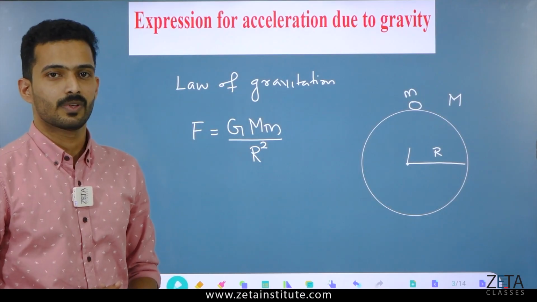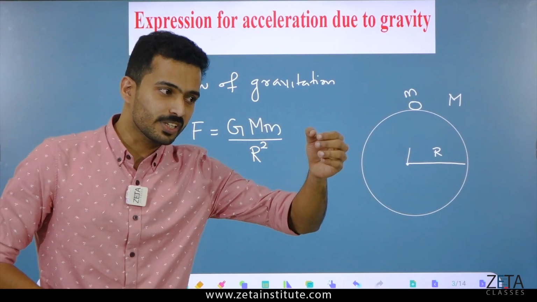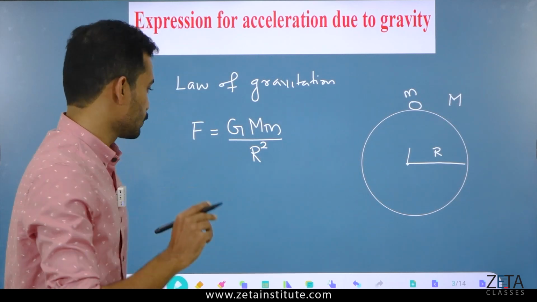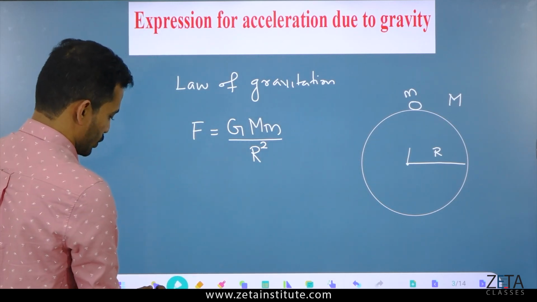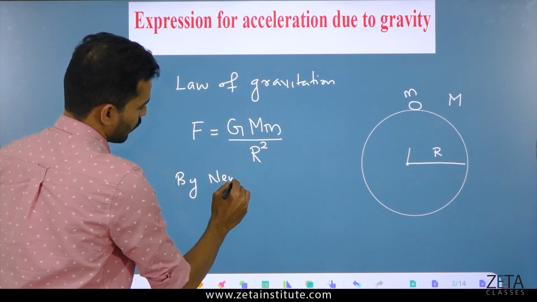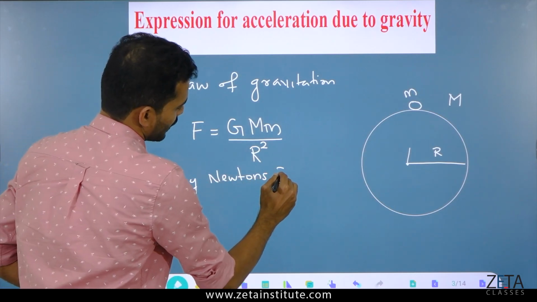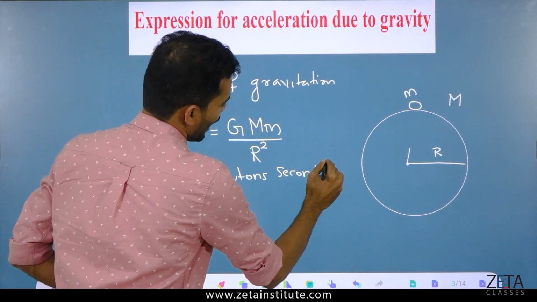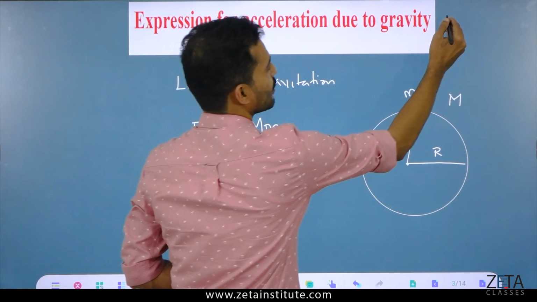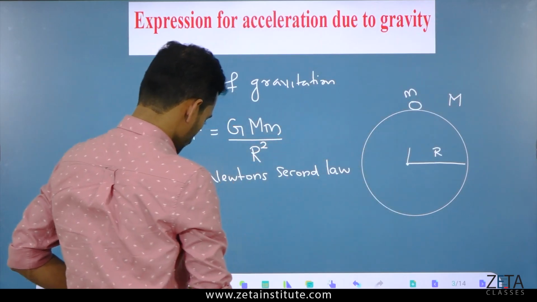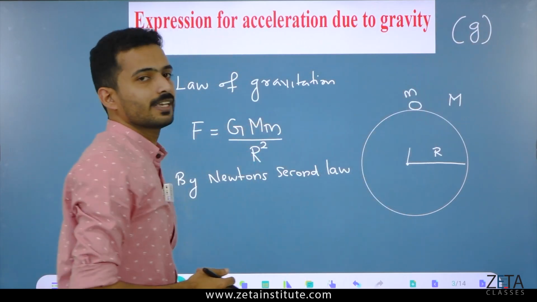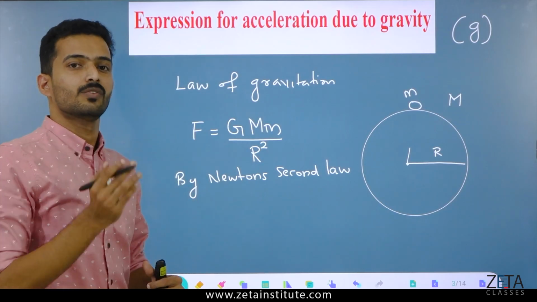We know that when an object is dropped, an acceleration acts on the body according to Newton's second law of motion. By Newton's second law, we have F is equal to ma. Here the acceleration due to gravity is taken as g, so instead of a we write g.